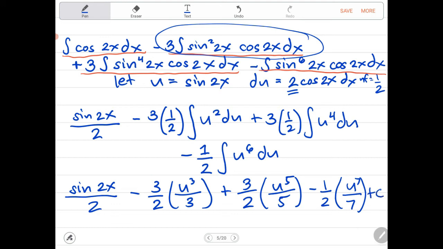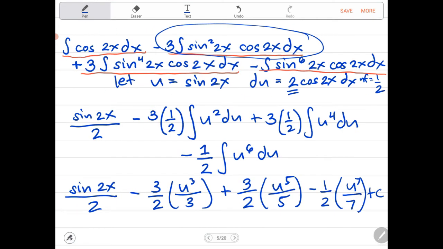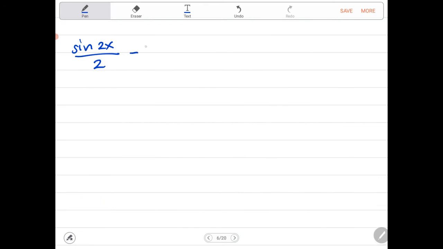So let us simplify. Sine 2x over 2 minus, so this is cancel, u raised to 3 over 2 minus u raised to 3 over 2.